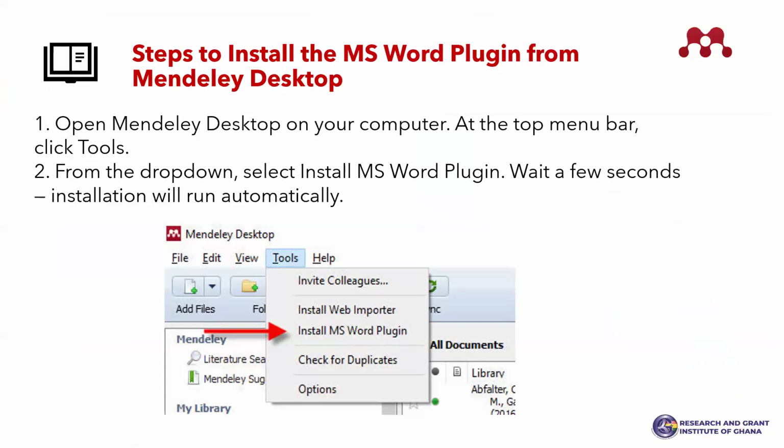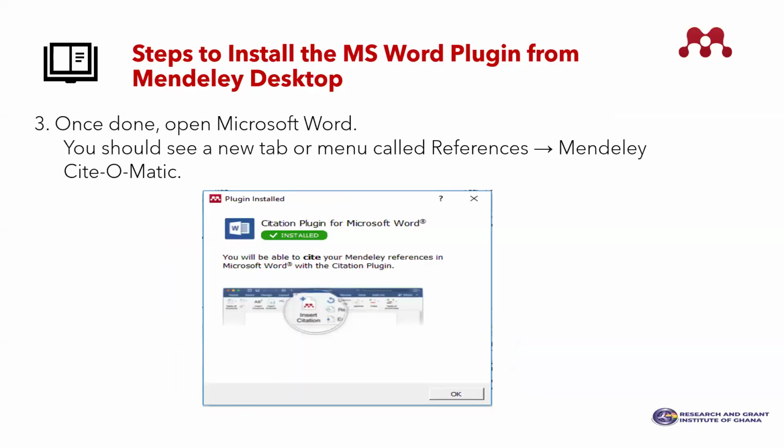So first of all, you open your Mendeley Desktop, then you go to Tools. Under Tools, you click on Install MS Word Plugin. When you click on it, you are likely to see something like this.